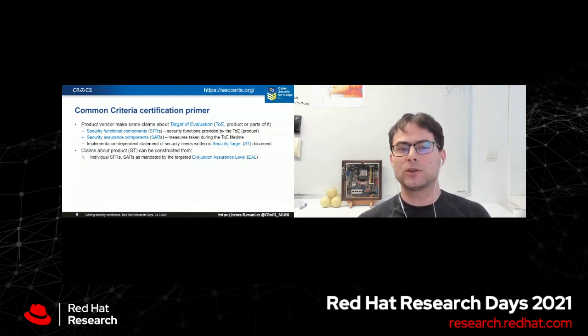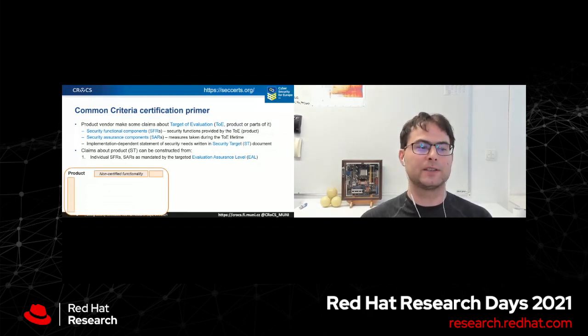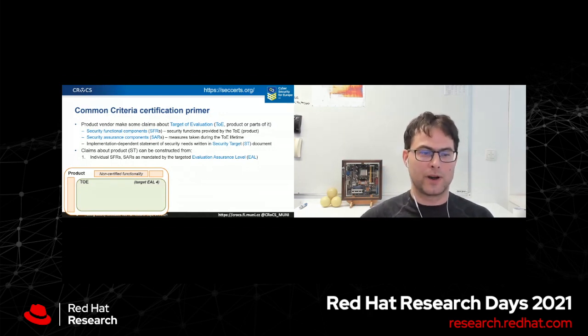These claims can be constructed based on two main options. The first one is you take the Common Criteria documentation basically as a catalog, pick some security functional components you are interested in, and security assurance components you are either interested in or required to fulfill, and then make your security target, and with the help of the laboratory you show that you are fulfilling these requirements. So you have a product, there is always some part of functionality which is not certified, and then for the part you are going to submit for certification, you pick your level.